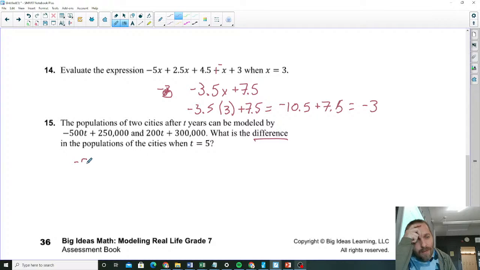We're going to go negative 500t plus 250,000, then minus, we've got to be careful here, we need parentheses, 200t plus 300,000.